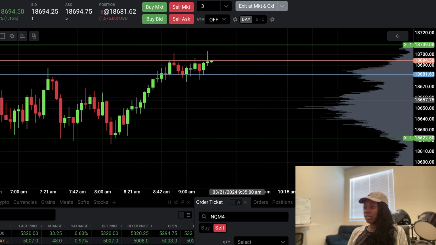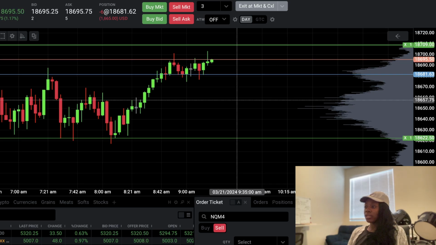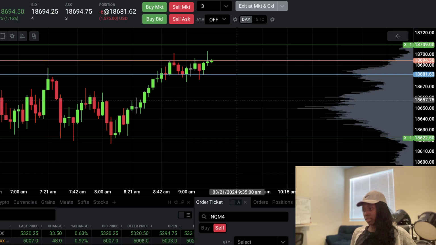I'd probably say, if this is a green candle like this, it's probably not a good trade. We got 2 minutes and 30 seconds on this current candle in the 3-minute time frame.